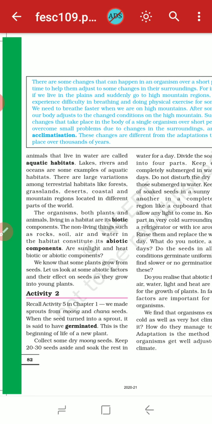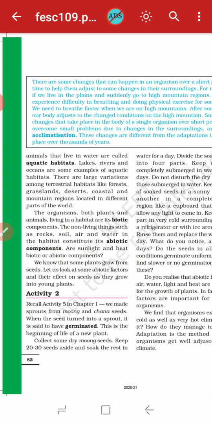The organisms, both plants and animals living in a habitat, are its biotic components. Non-living things such as rocks, soil, air, and water in a habitat constitute its abiotic components. Biotic means living things, which consists of both plants and animals and all living organisms.